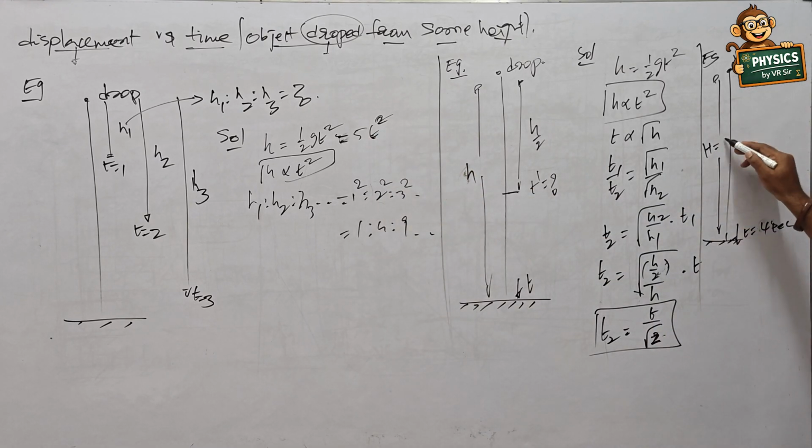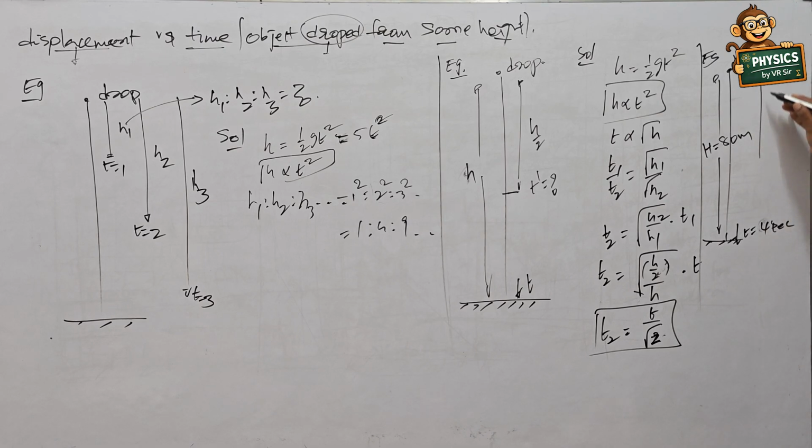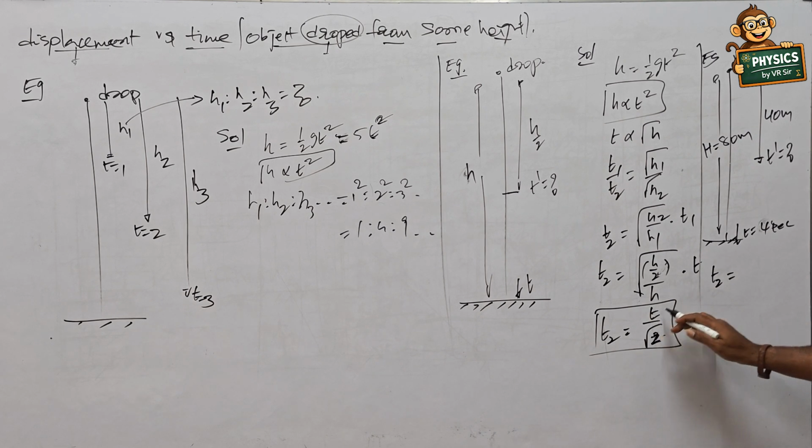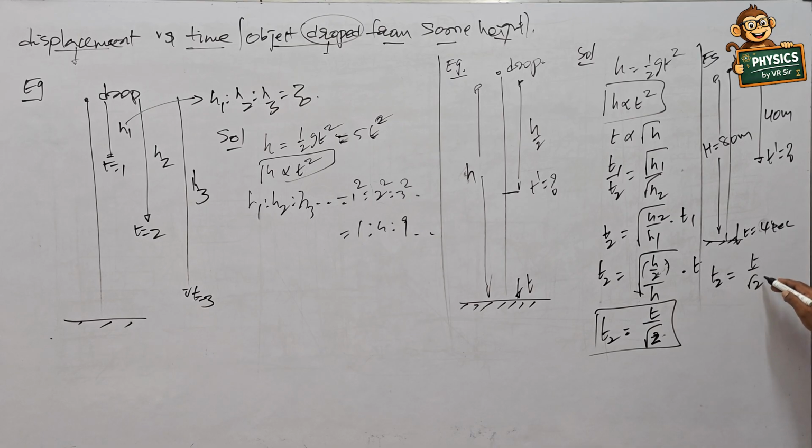So this height is 80 meters. Now they are asking us to find the time taken to fall a depth of 40 meters. We know t2 is equal to t by root 2, because the depth fallen is half of the total height.